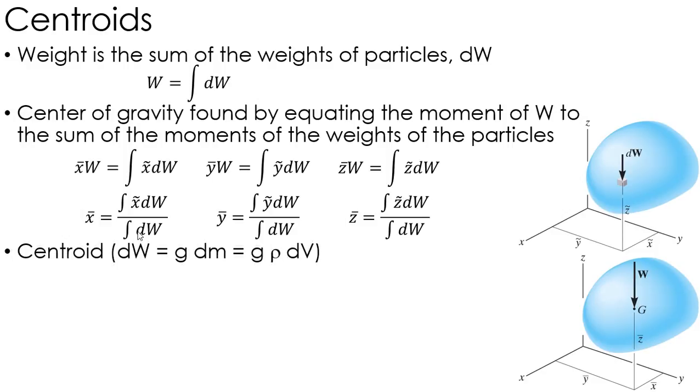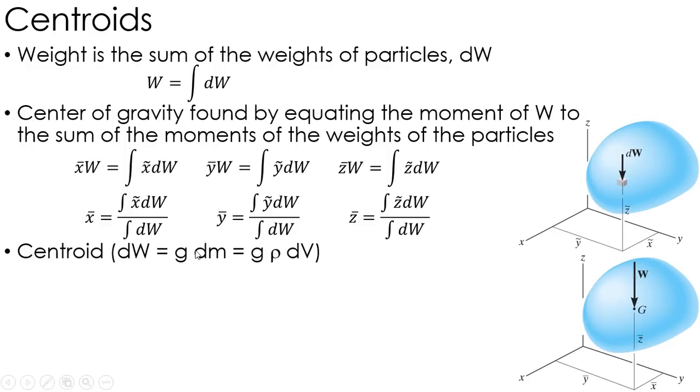Now, to find my centroid, which is defined as the geometric center: the weight of any particle is just mass times gravity, and gravity is constant. So instead of an infinitesimal weight, I have an infinitesimal mass.